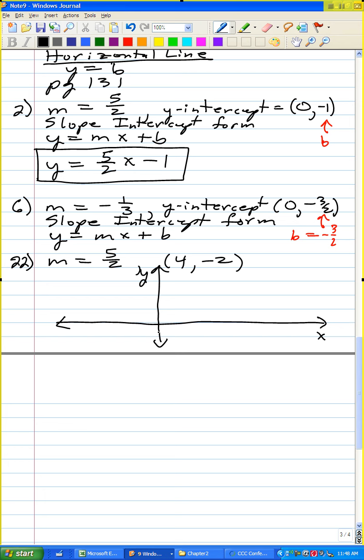So let's say 1, 2, 3, 4. Okay, so I'm at 4, -2. So now I'm going to use the slope, which is rise over run.